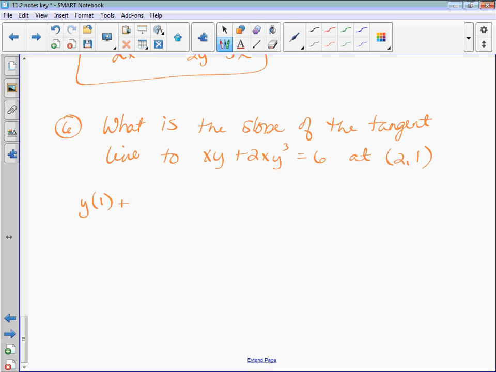Look at your product rule here, I'm just taking this times the derivative of this, so that's why there's no d by dx.